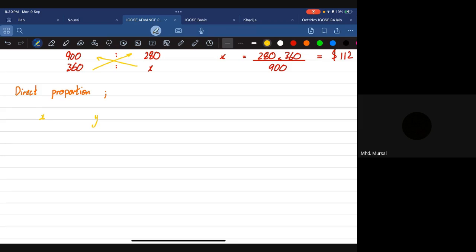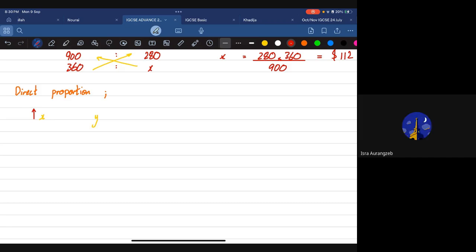Now, it could be anything. If X increases, what do you think happens to Y? If X and Y are directly proportional to each other, if X increases by a certain amount, what happens to Y? Who can tell me?